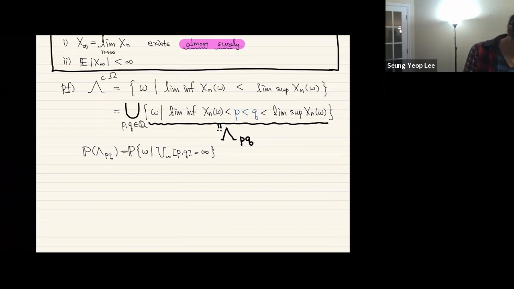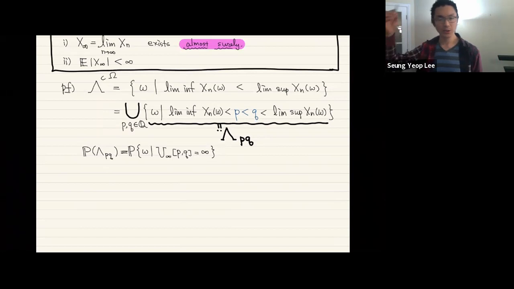It's equal. Because if the upcrossing number is infinite, then it should come below P infinitely many times and it should come above Q infinitely many times. So lim inf should be less than P, lim sup should be bigger than Q. Yeah.